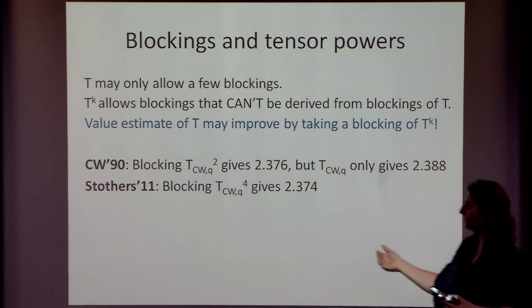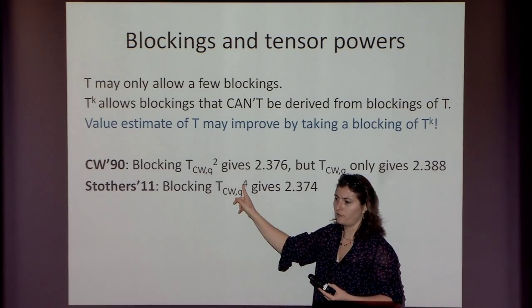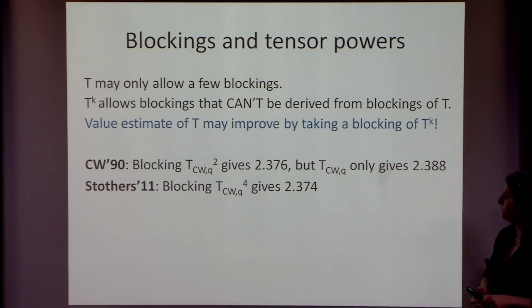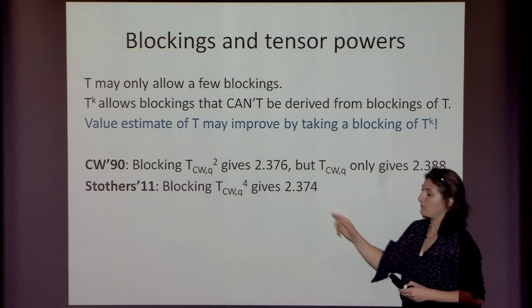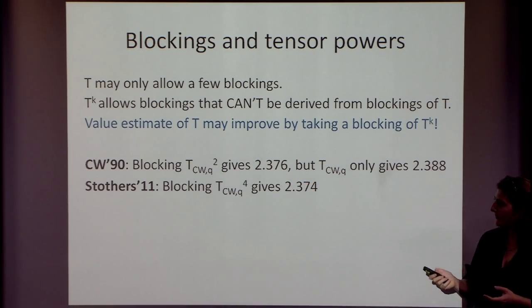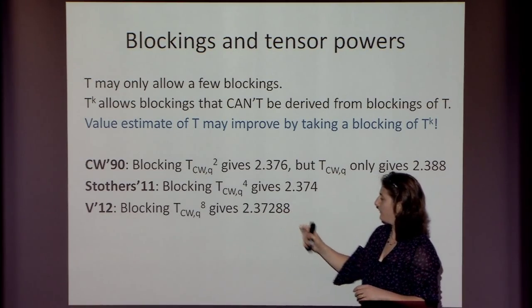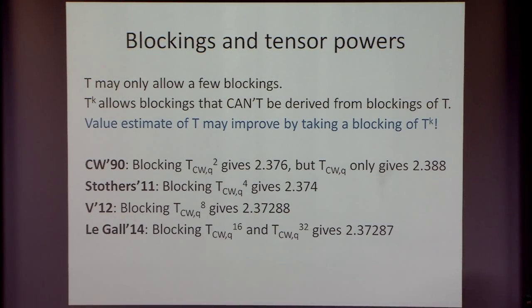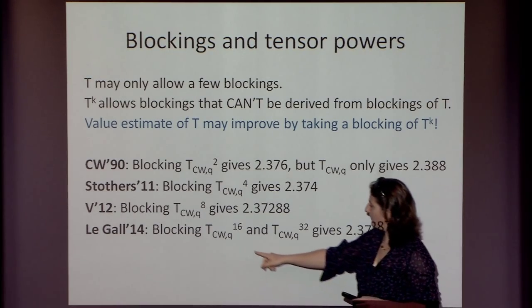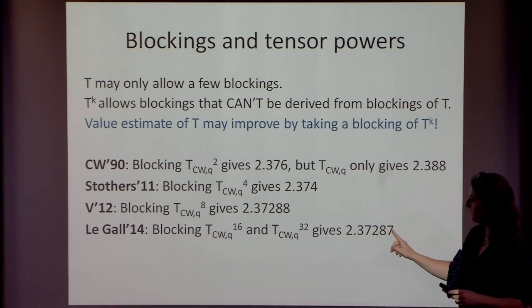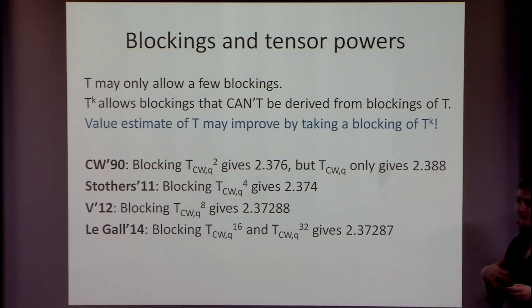So Stothers showed that if you look at the fourth tensor power, then you get 2.374. So this 6 becomes a 4 with a new blocking. And then you can get a different blocking for the 8th tensor power, and you get a little bit better. And Le Gall showed the 16th and 32nd power makes this 8 into a 7, and so on.